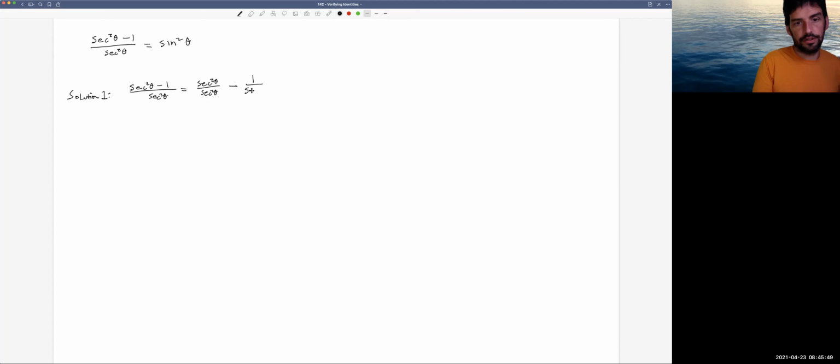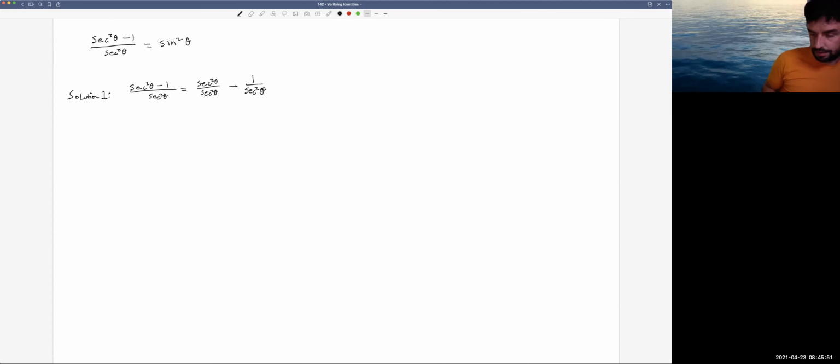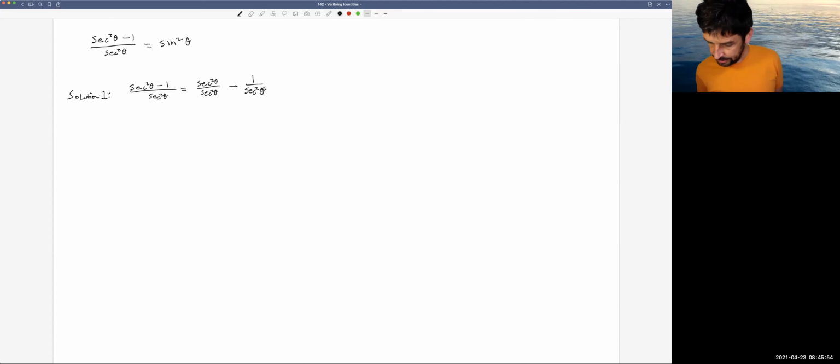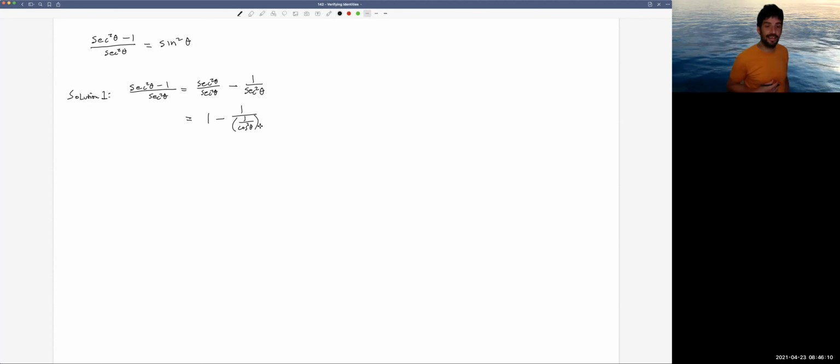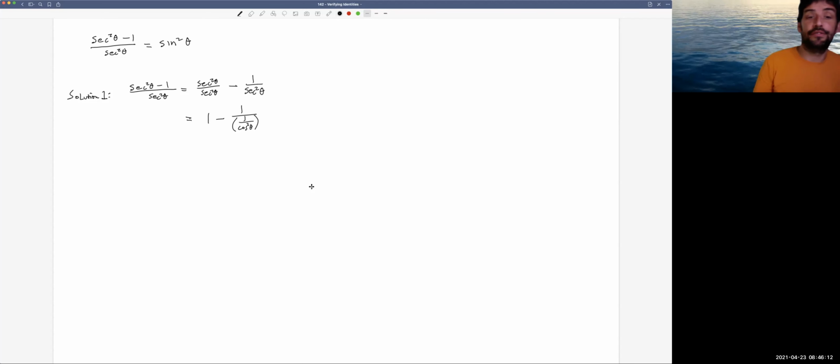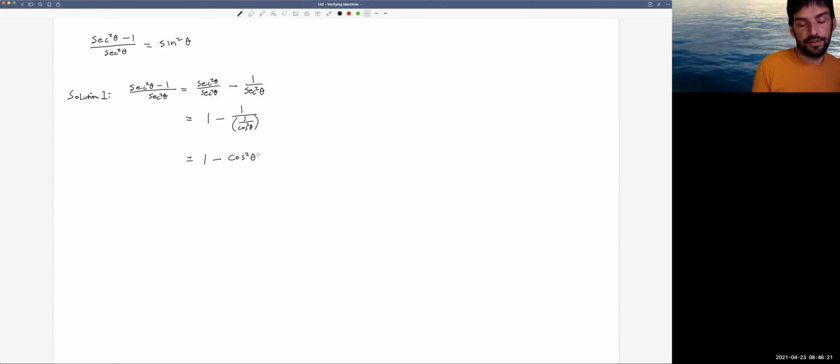Secant squared theta over secant squared theta is 1, minus 1 over secant squared theta. Well, secant squared is 1 over cosine squared theta. So there I'm using an identity, or a definition of secant. This means that 1 over secant squared theta is just cosine squared theta.